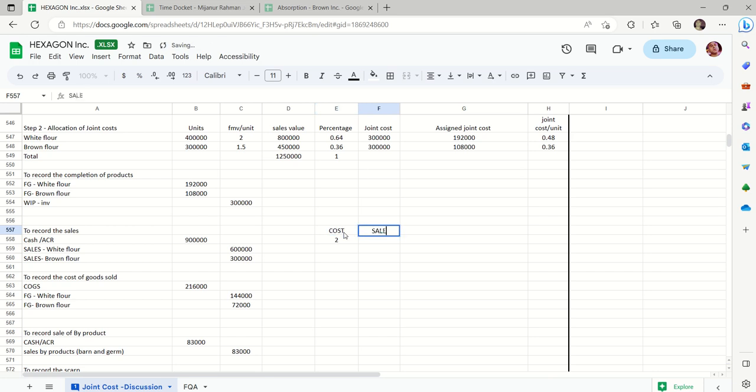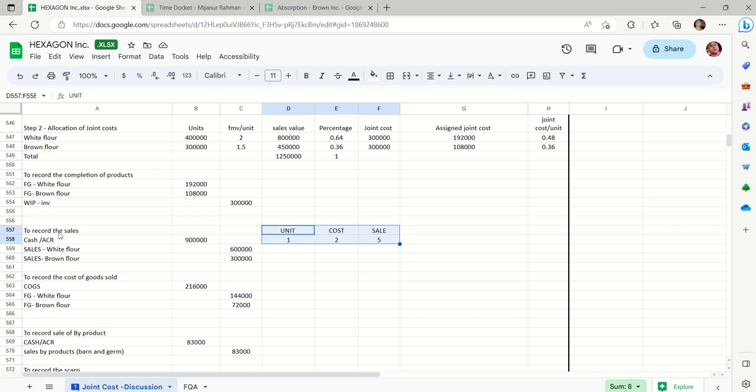You sell them at, let's say, per unit, for example, $5. So the same thing here. This is just with respect to your one unit, right? It's an example.